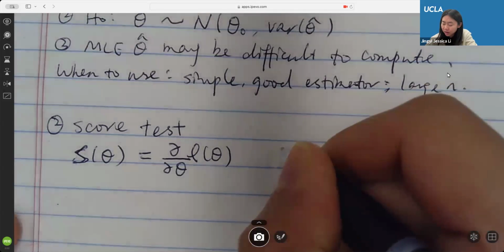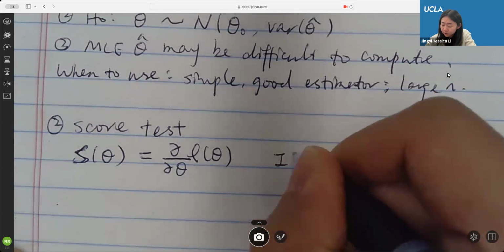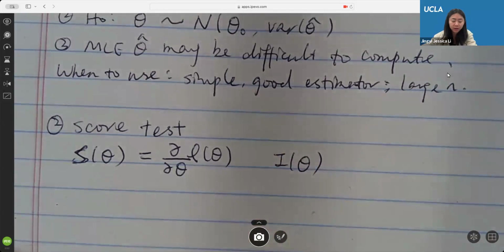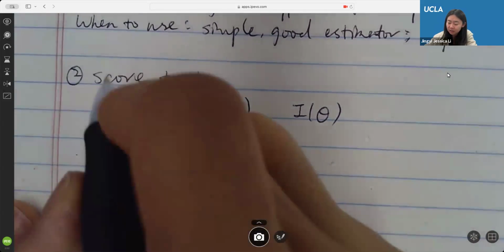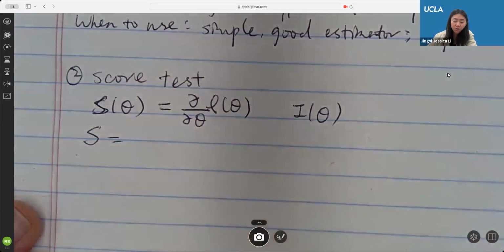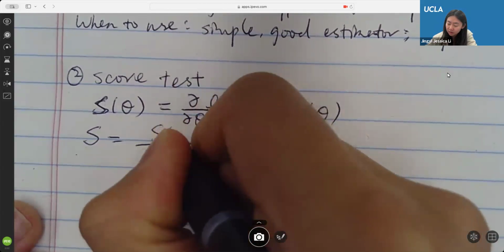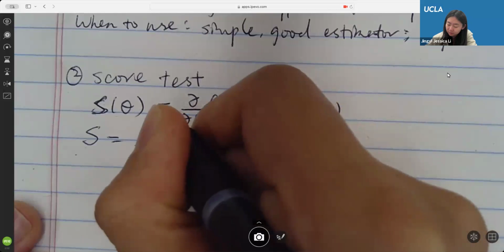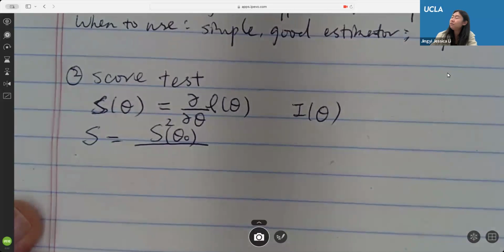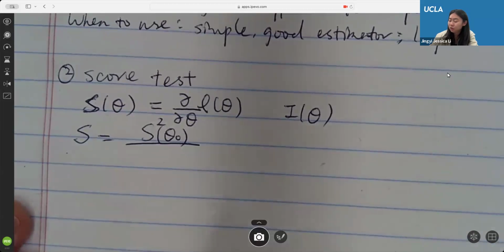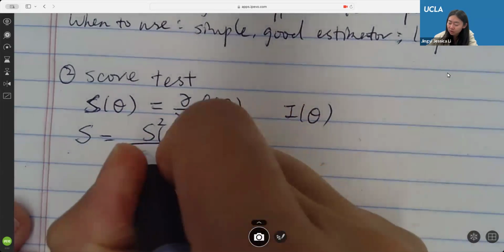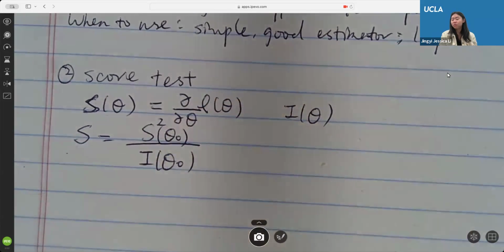And of course, we also have the Fisher information, I of theta. We have defined this multiple times. So the score test for the same null hypothesis, theta equals theta 0, is defined as the square of the score at the null value over the Fisher information at the null value.